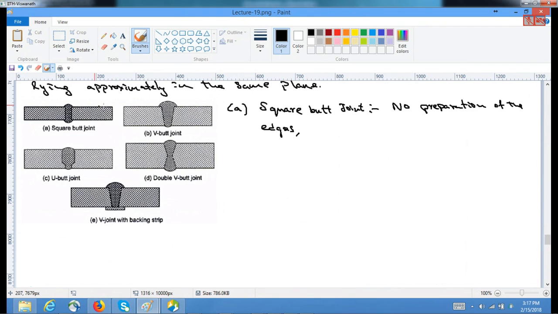And this is preferred when the plate thickness is less than 5 mm. That is very thin sections. This is the plate thickness.